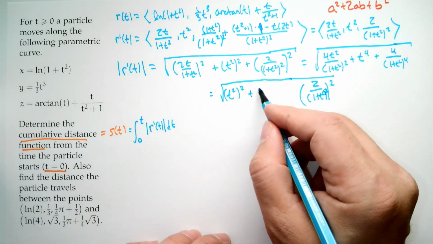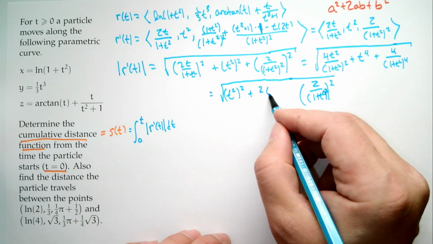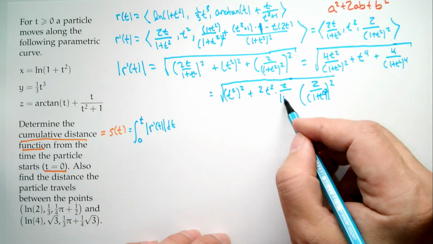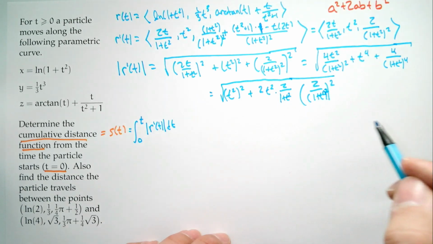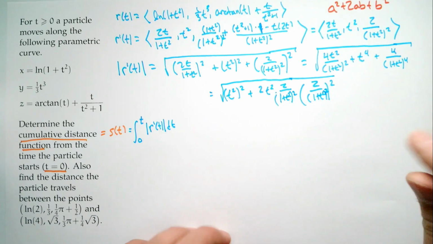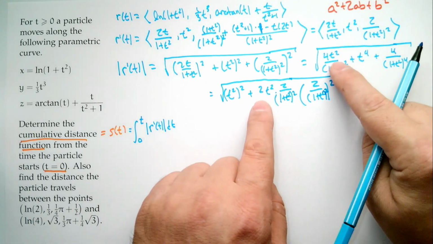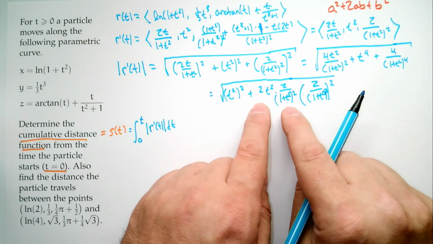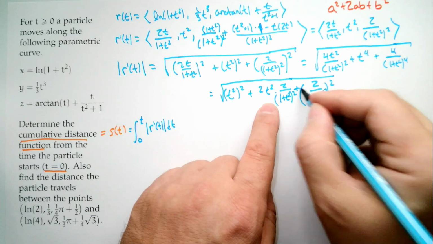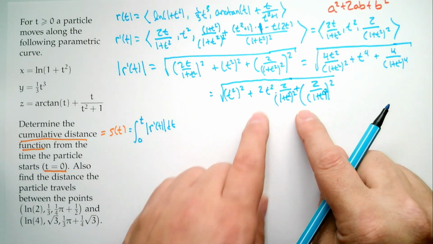Well, it would be plus 2 times a times b. And then we just check, is it the case that 4t squared over 1 plus t squared, squared is 2ab? And I forgot a plus sign here. And the answer is yeah.